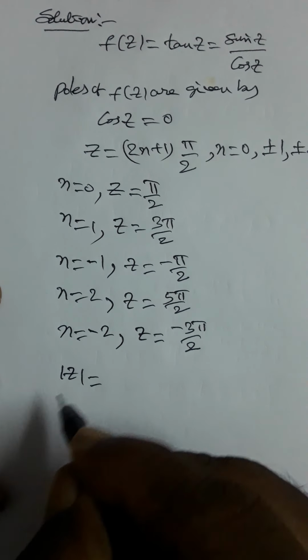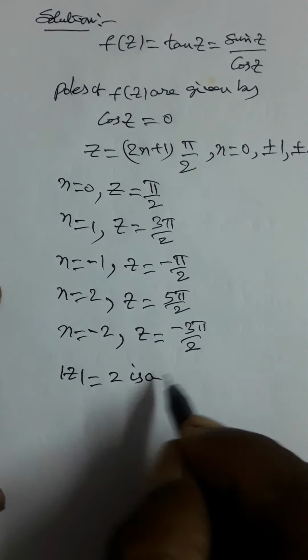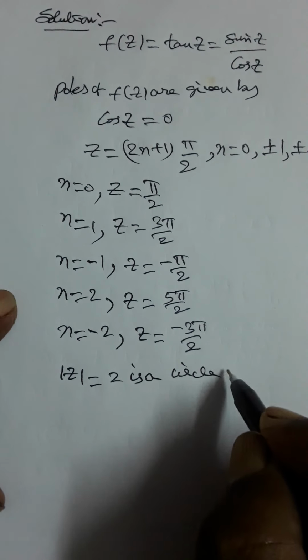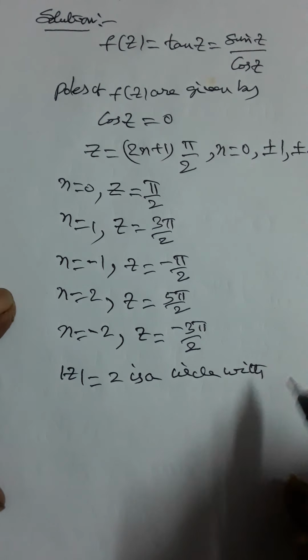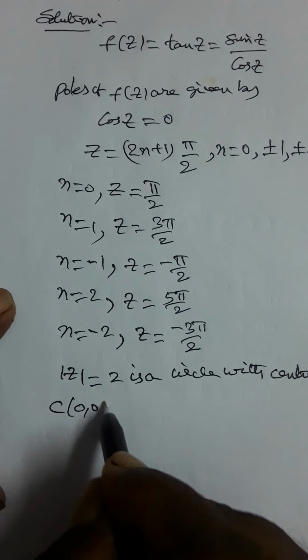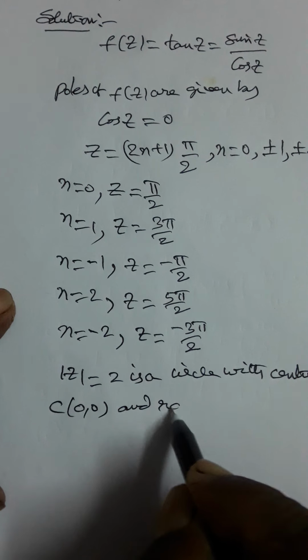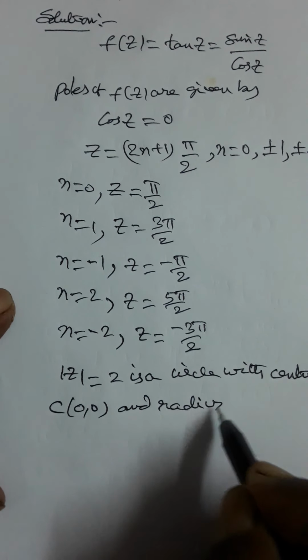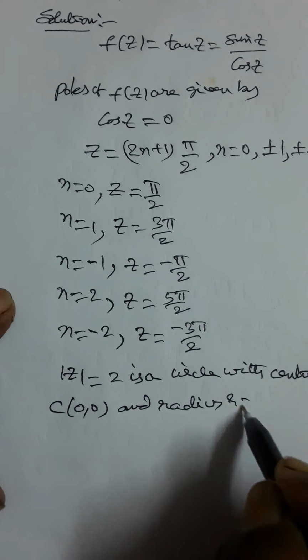Mod z is equal to 2 is a circle with center (0, 0) and radius r is equal to 2.